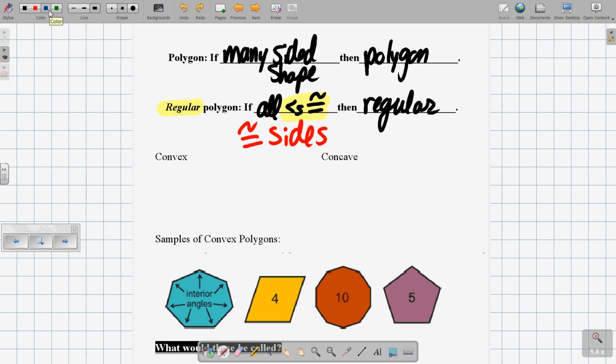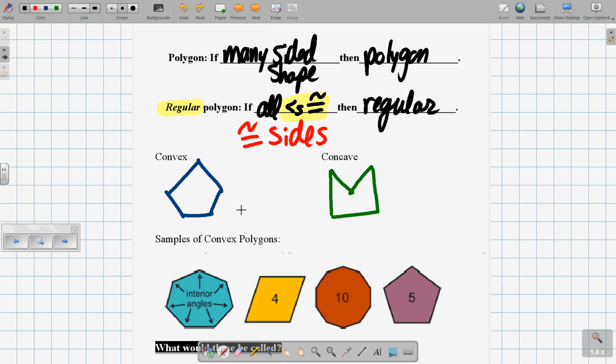We're going to draw 2 different pentagons. One, 2, 3, 4, 5. That's a pentagon. One, 2, 3, 4, 5.